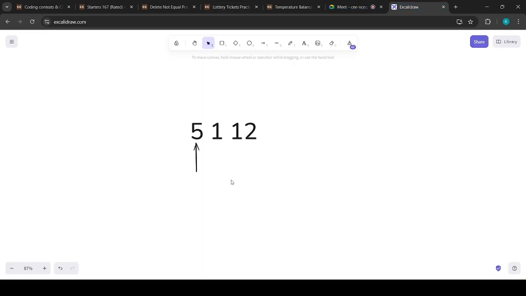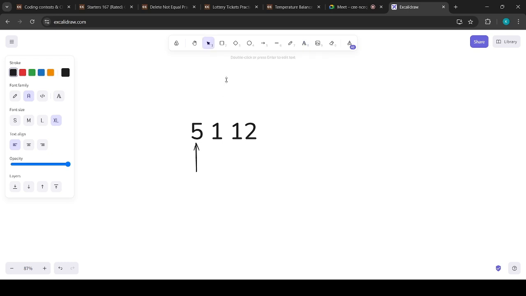So we have to find the numbers in the range 1 to 10 raised to 6.